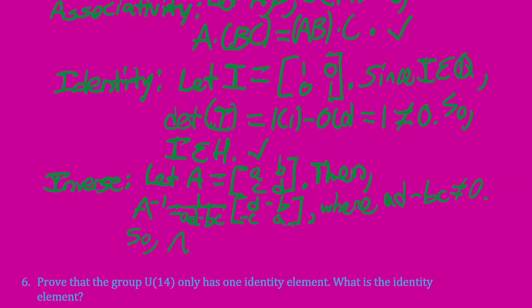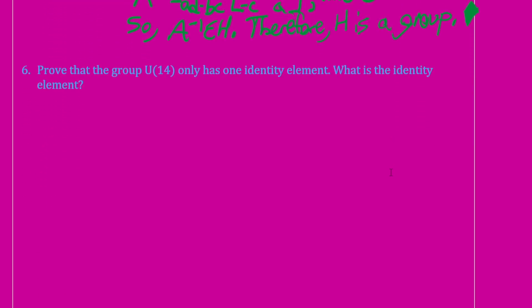So A negative 1 is an element of H. So therefore, H is a group. Let me try to fix that diamond. All right. So that's it for problem 5.